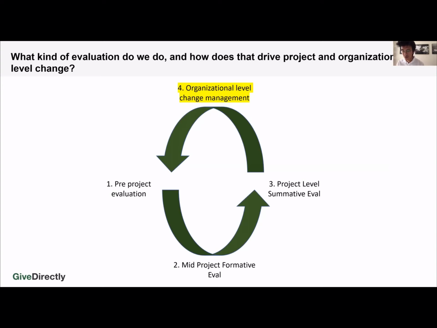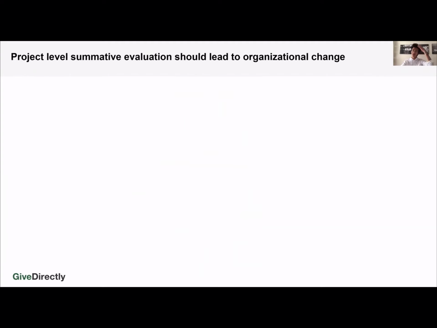Now, let me touch on the final piece for this section, which is organizational level change management, right? So we've done all these different levels of evaluation. We started the pre-project work. It informed our design for our project. We had a midpoint evaluation, and then we had a final endpoint evaluation. How does this affect how our organization does business?